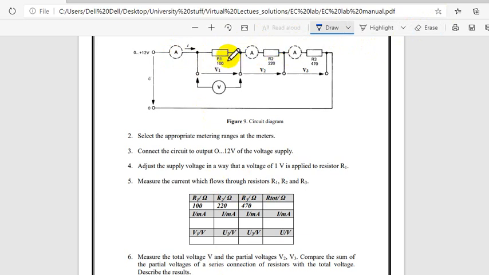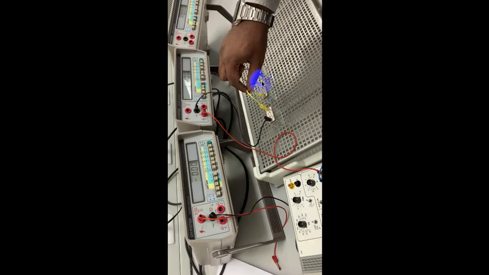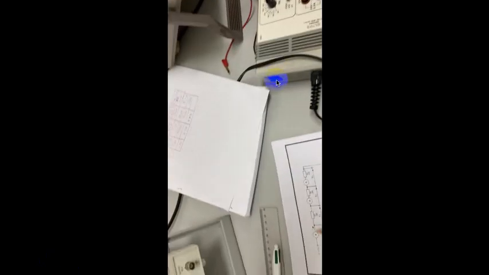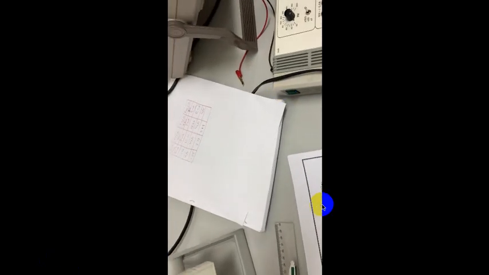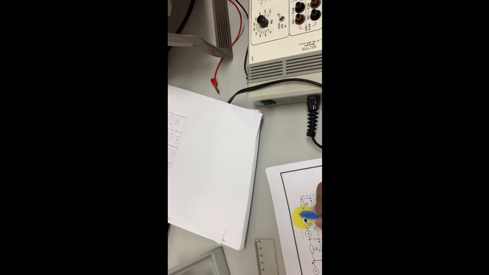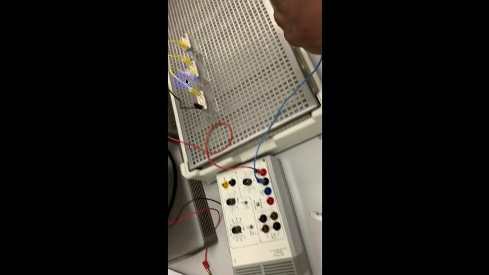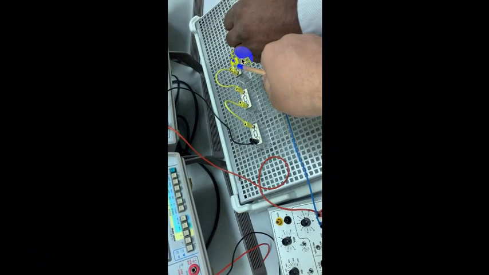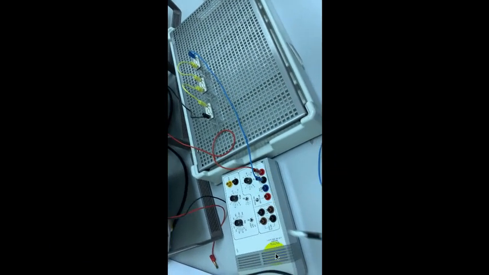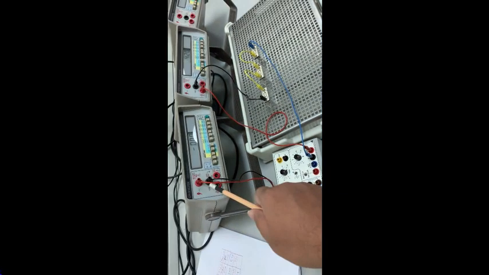So when this is short, that means R1, R2 and R3 are connected in series. The same way we are connecting R1, R2 and R3 in series, as it is shown here.